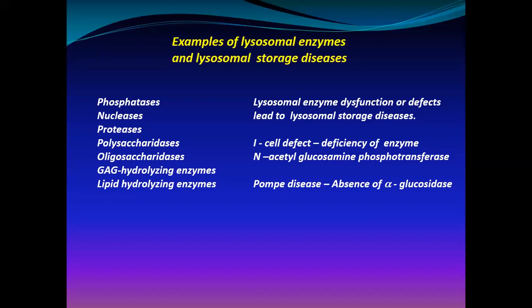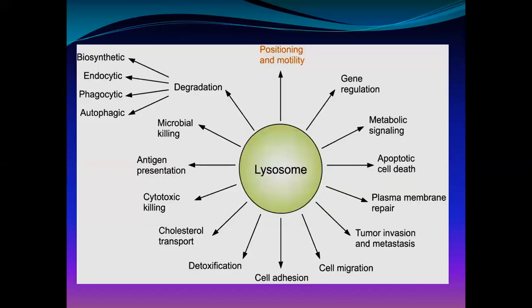Then there is another disease called Pompe disease, where there is absence of the alpha glucosidase enzyme, and you end up in Pompe disease, right? So these are the diseases due to defective lysosomal enzymes.